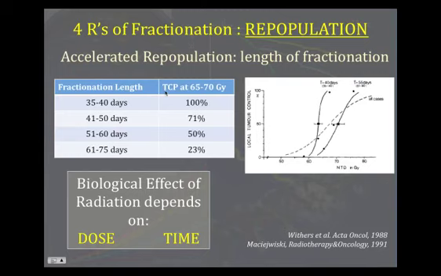They looked at the probability of local tumor control at a given dose of radiation in fractions. And as they varied the length of fractions, the tumor control dropped dramatically. So fractionation is good. You give time for the cell to reoxygenate, for redistribution of the cell cycle. But if you fractionate too much, you're going to actually lose power.